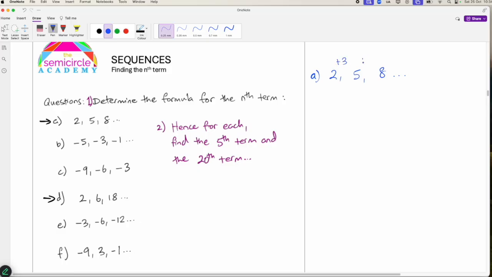So that means we're dealing with a common difference, D. We're not dealing with R. Because we're dealing with a common difference, I know that the first term is 2 and the common difference is plus 3. So therefore, this is an arithmetic progression, an AP. What is the formula for AP? a plus open brackets n minus 1 close brackets by d.